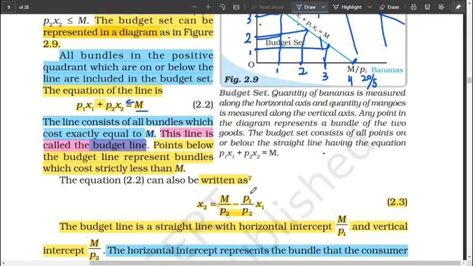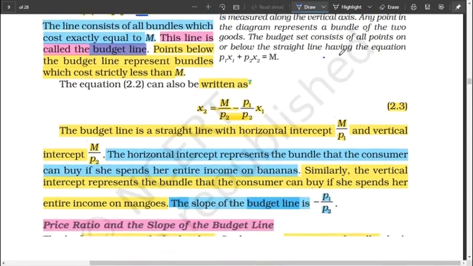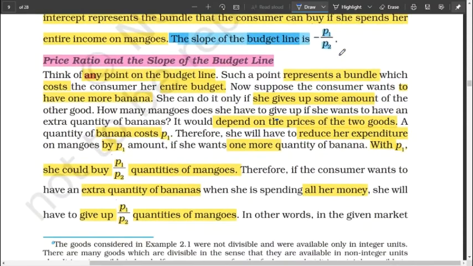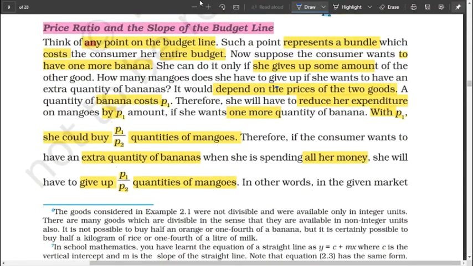You know P1 is 5, P2 is 5, 5 by 5 is 1, so the slope is minus 1. What does it mean when you say minus 1? That is the price ratio. P1 by P2 is the price ratio, and the slope is minus P1 by P2, which in our example is minus 1.